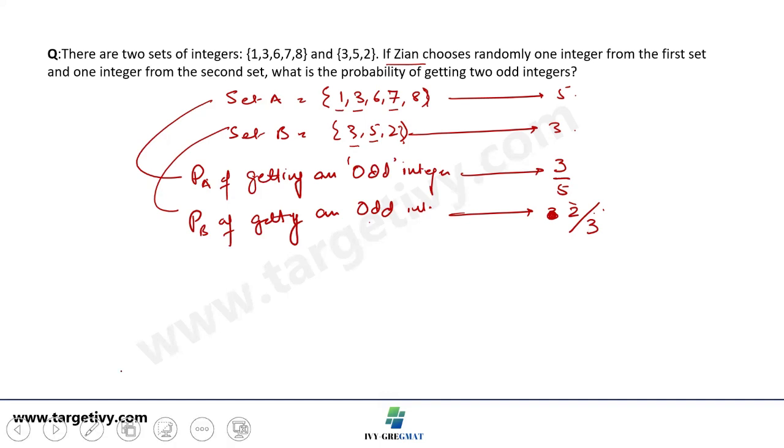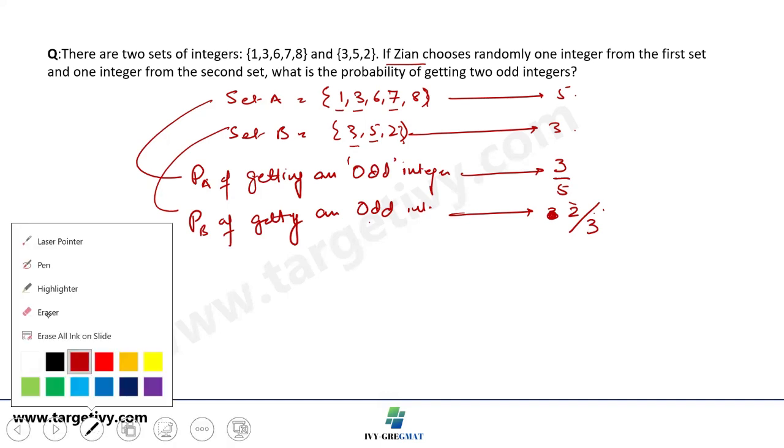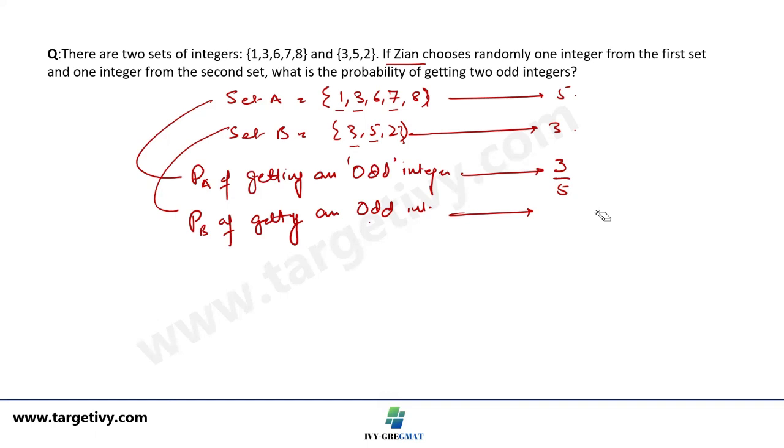The probability of getting an odd integer from the second set will be 2 by 3.